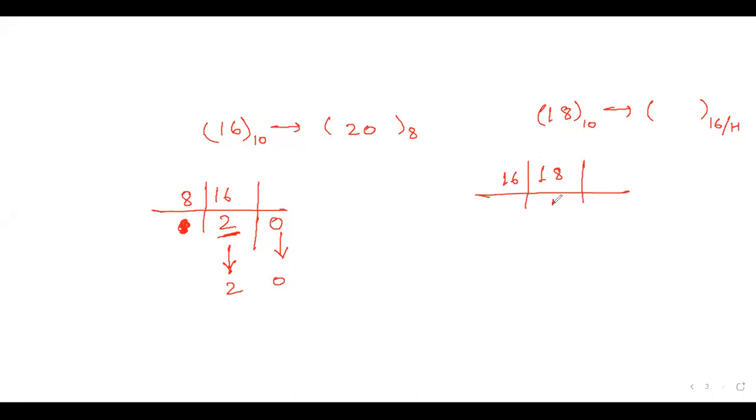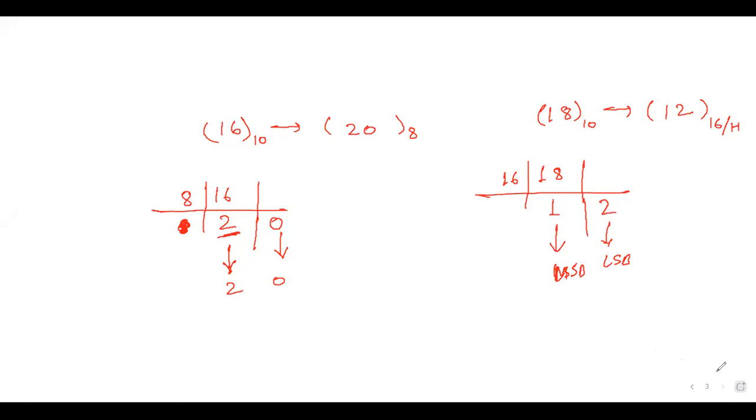So 16 1 जा 16 और remainder कितना बचेगा, we have remainder 2, 16 और 2 18. So this is MSB and this is LSB. So this is 12.